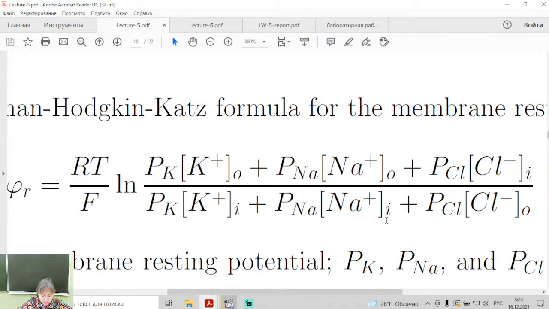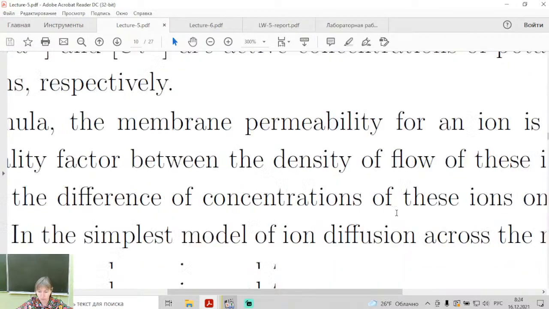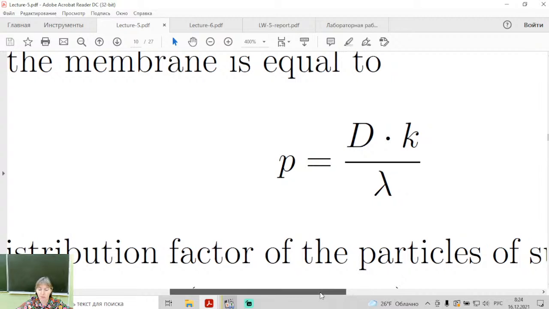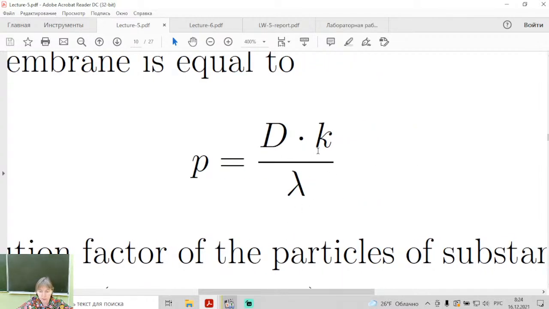In the simplest model of ion diffusion across the membrane, the permeability of the membrane is equal to K D divided by lambda, where K is the distribution factor of the particles of substance between the membrane and the environment, and lambda is the membrane thickness.